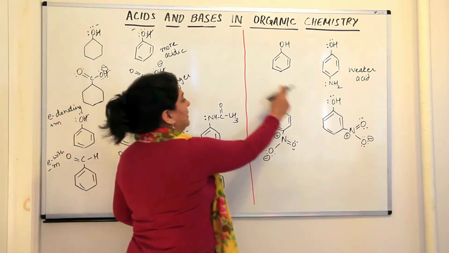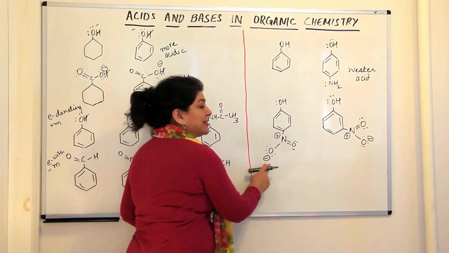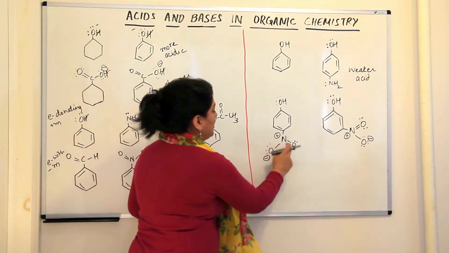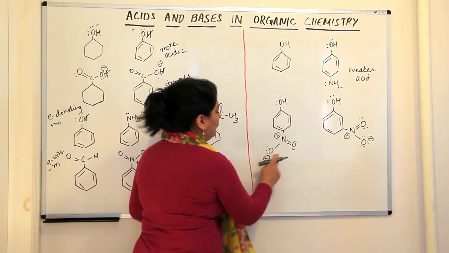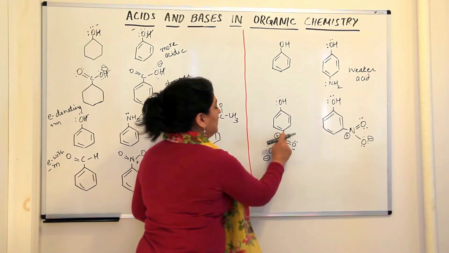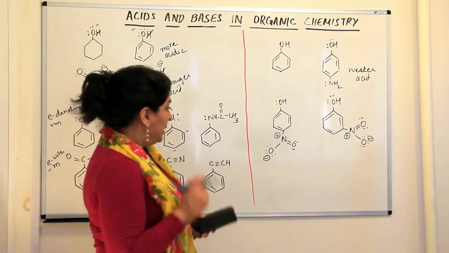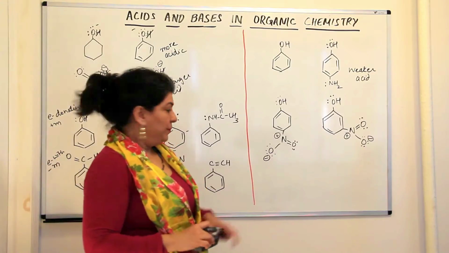The reason being that the lone pair of electrons on nitrogen is used to make a bond with this single bond oxygen, right? Nitrogen has formed two bonds with this oxygen, and it has used its lone pair to form a bond with this oxygen and a bond with the carbon of the benzene. So as a result of this, nitrogen is positively charged.